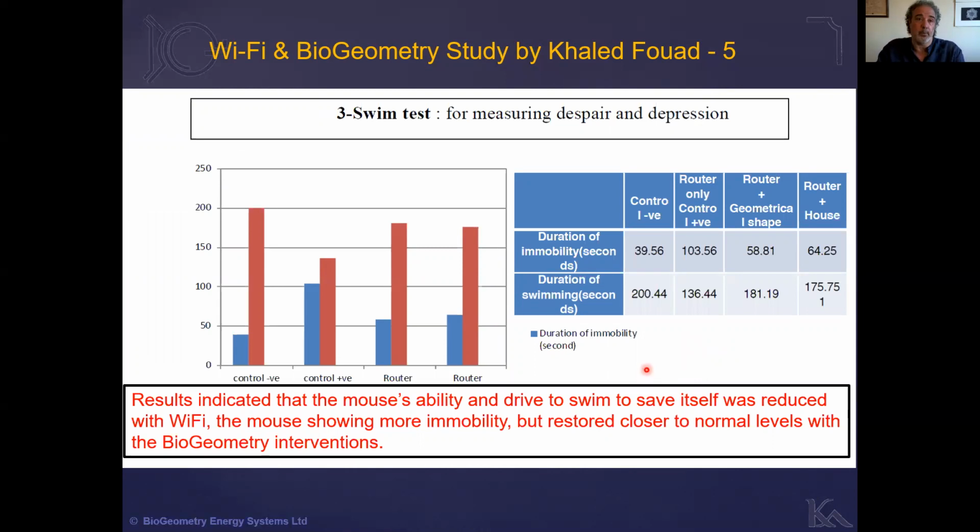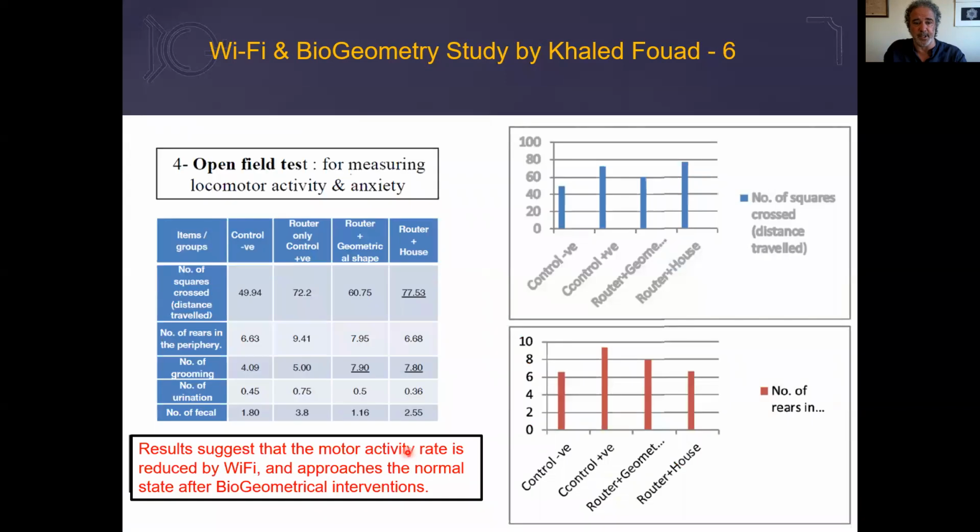So the Wi-Fi almost, we could say, even reduced the will to live. And the mouse, in fact, showed more immobility, sort of freezing in place rather than moving to save itself. But it was restored closer to normal levels with the biogeometry interventions. Once again, compare it with what happens in modern society today.